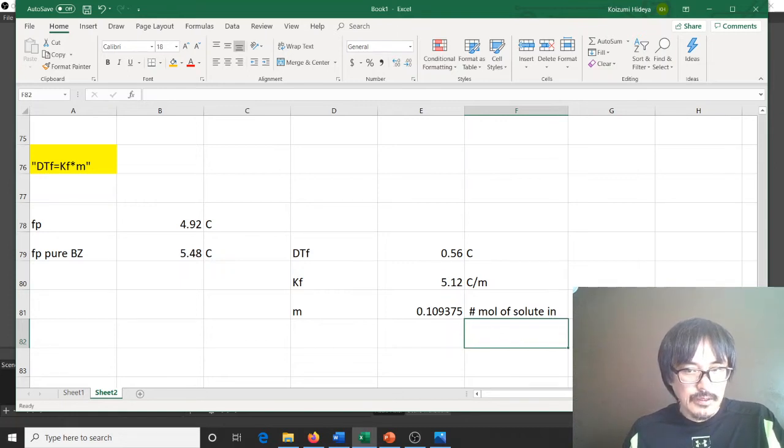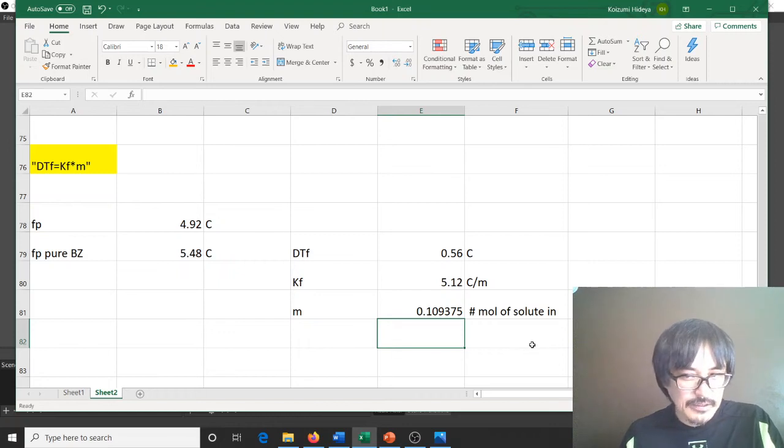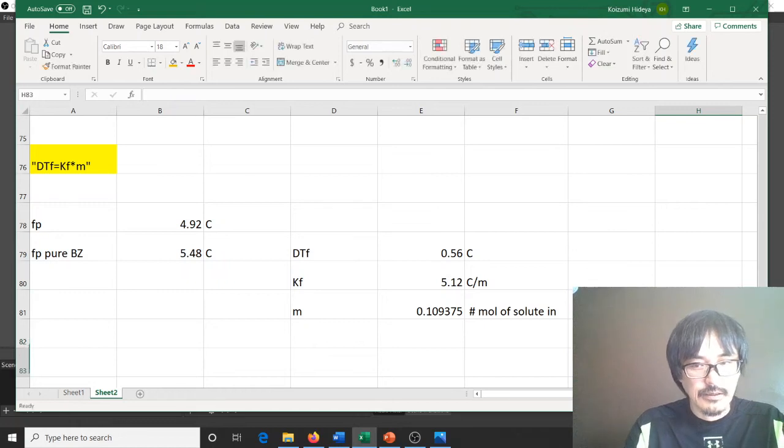So if I had 1000 gram of solvent and you have 0.111 mole of solute, if I only have 50 gram of solvent, what is the number of mole here? Just simply divide by the same number here, right? So it's gram solvent. Let me try to write this here.